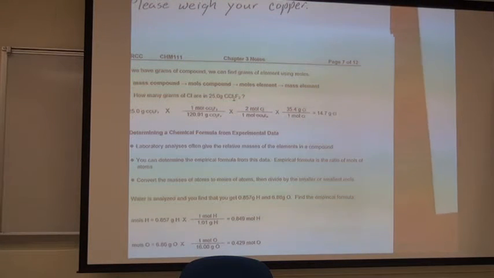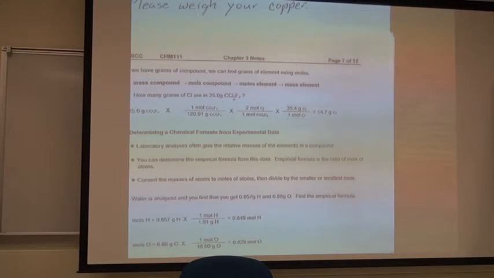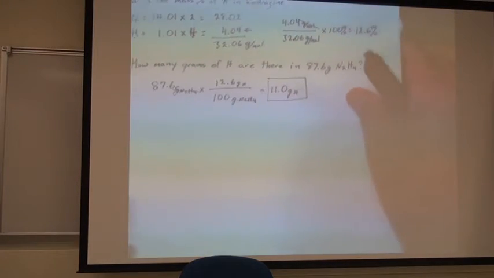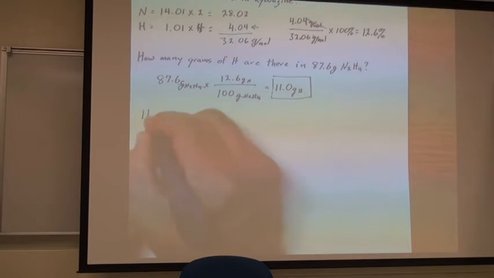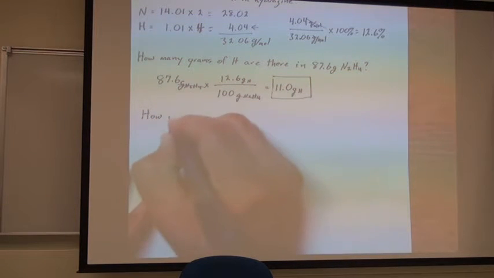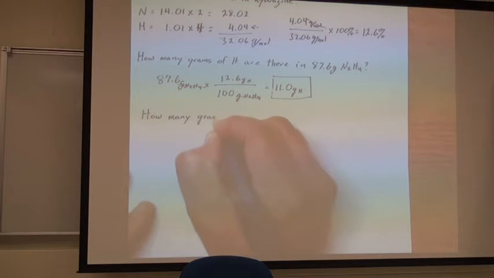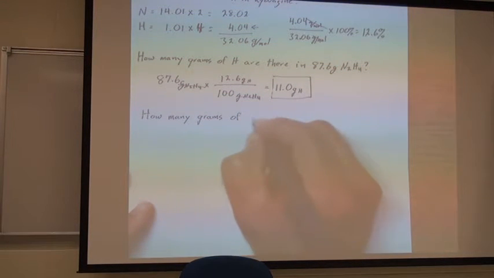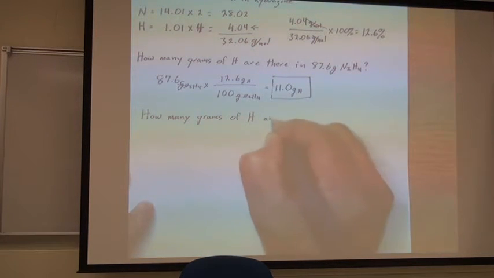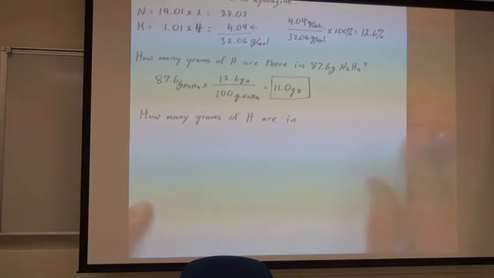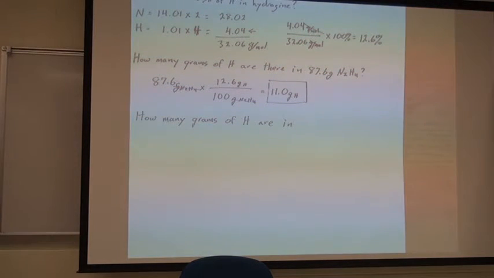We'll work one of our own. That's what we'll do. We'll make one up. Are you ready? Do you have a calculator? You got your calculator. You can help with that. How many grams of hydrogen are in... Okay, right side of the room, don't let me down.